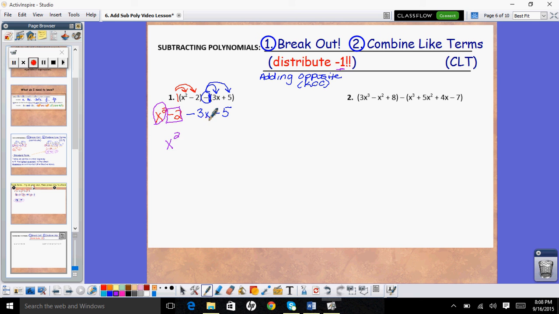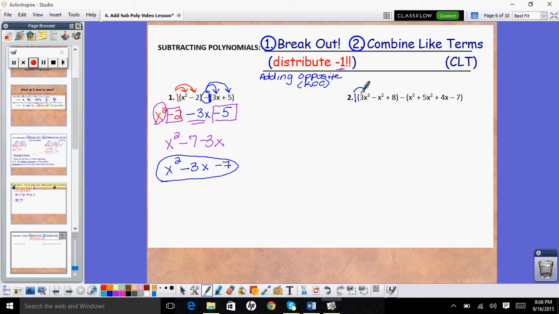Negative 2 will combine with negative 5. I now have negative 7, and then minus 3x remains the same. However, we want to rearrange our answer into standard form, which is x squared minus 3x and 7 at the end, negative 7.